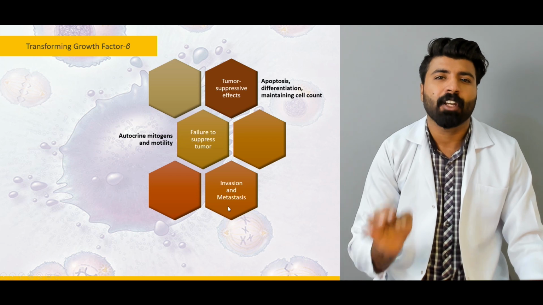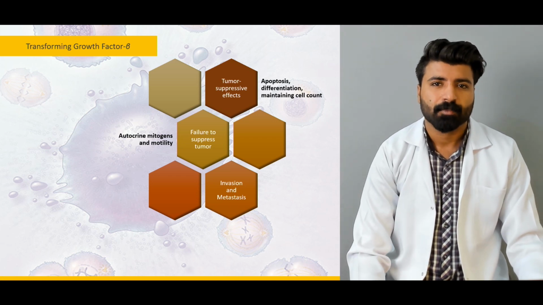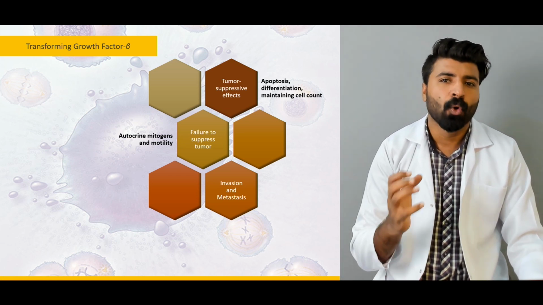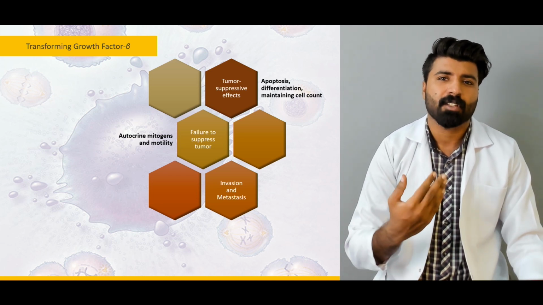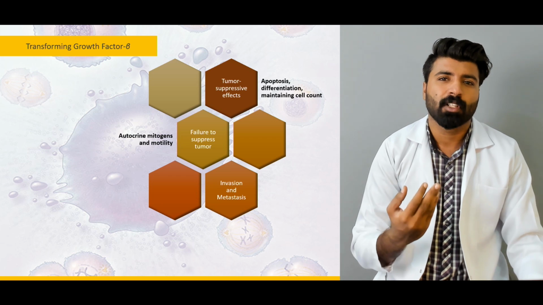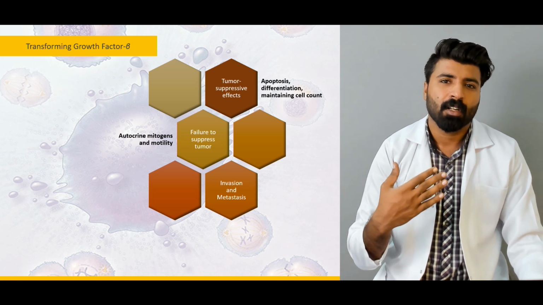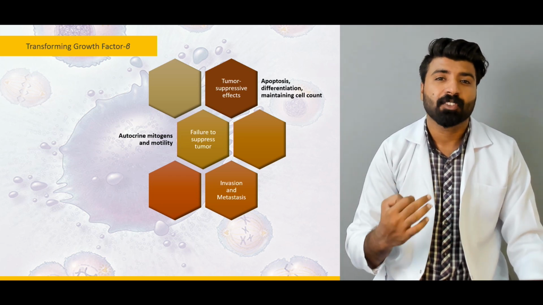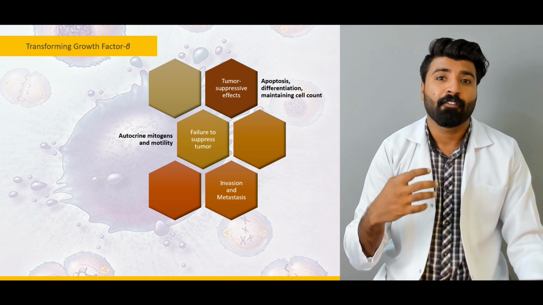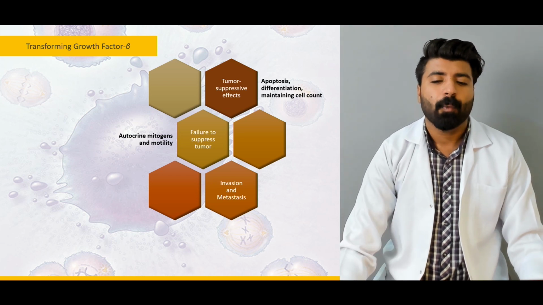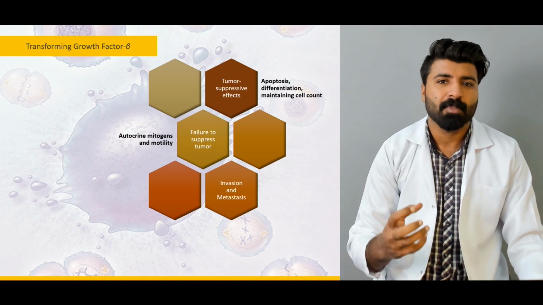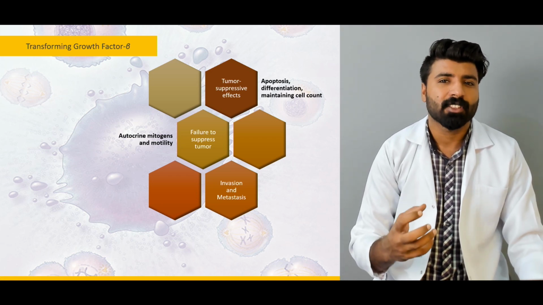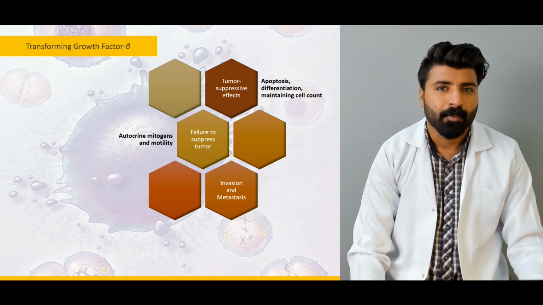What's the difference between invasion and metastasis? Invasion is local. Whenever there's a tumor of breast, it invades inside the tissue and then goes to the lymph nodes and then to the axillary region. That's called invasion. It can invade to the bone level even. But what is metastasis? Metastasis means when it reaches the homogeneous level, it involves the blood.